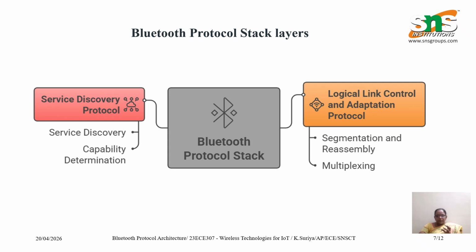The next one is the service discovery protocol. It enables a device to discover available services on another Bluetooth enabled device, and allows applications to determine the capabilities and services supported by remote devices.